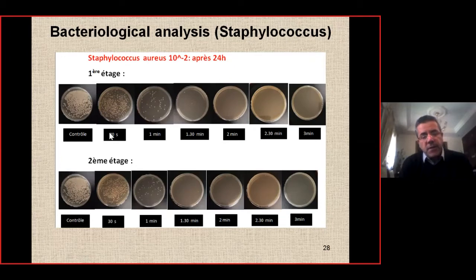After 30 seconds, 1 minute, 1 minute 30, 2 minutes, and after 2 minutes 30 seconds, no bacteria. It's sterile. This Petri dish is very sterile, very nice results. And this project is, as I told, in progress with a national company.